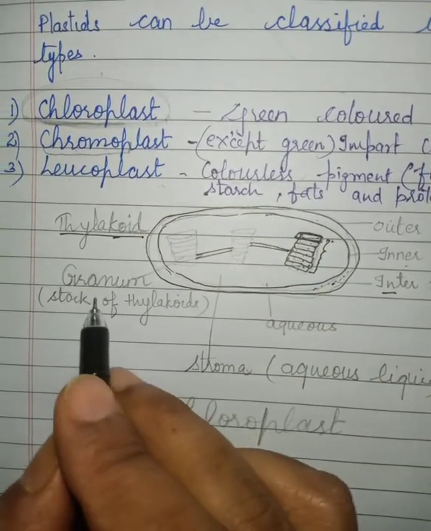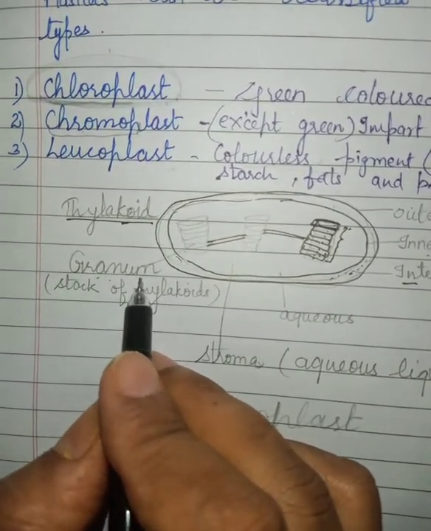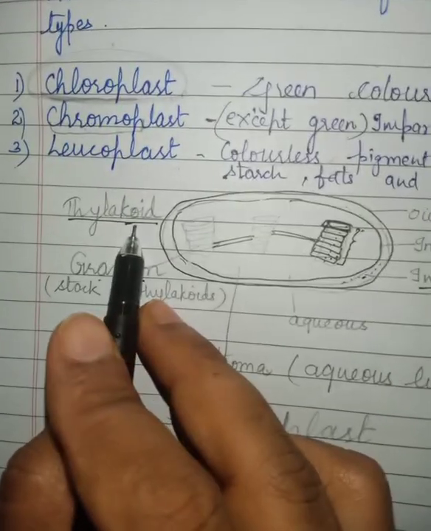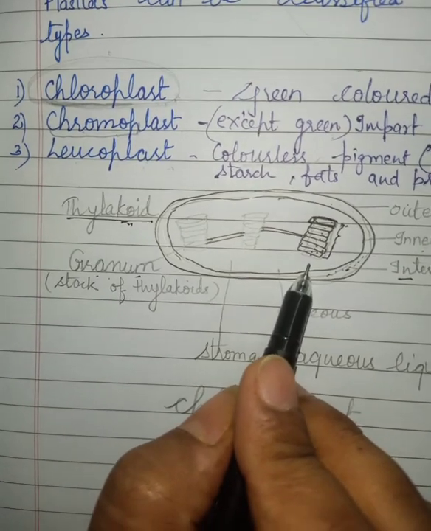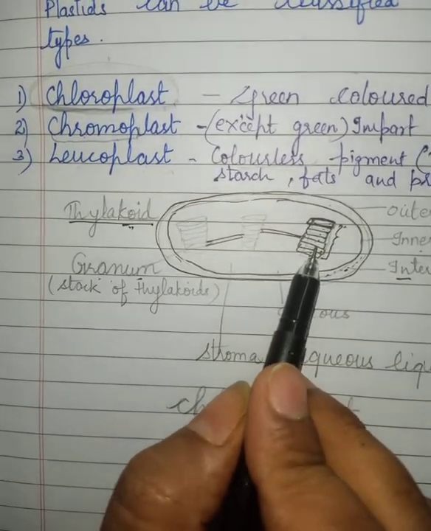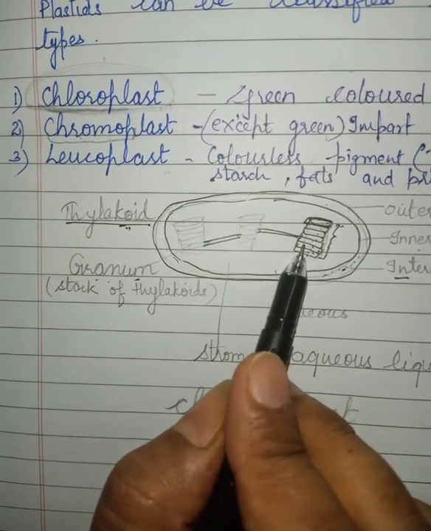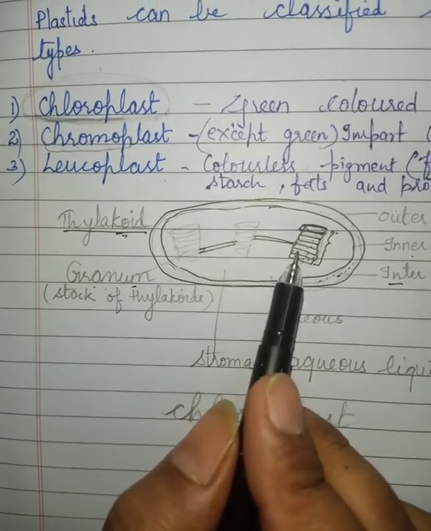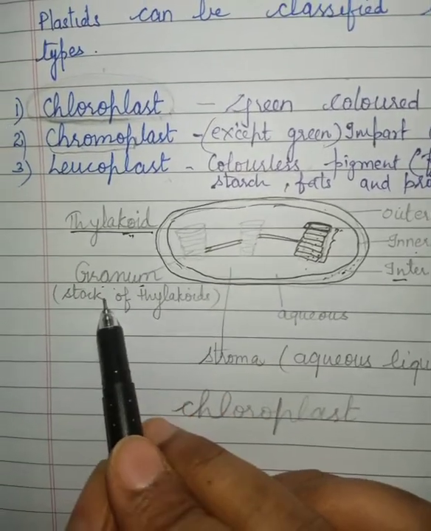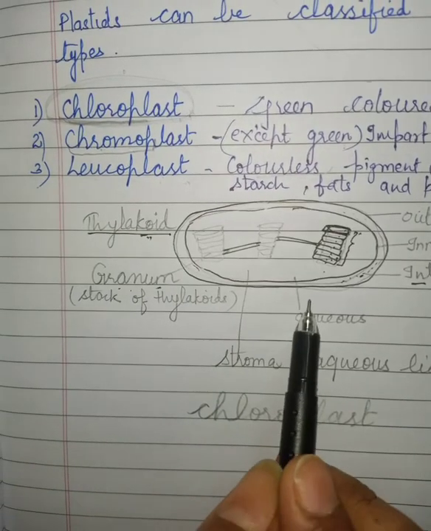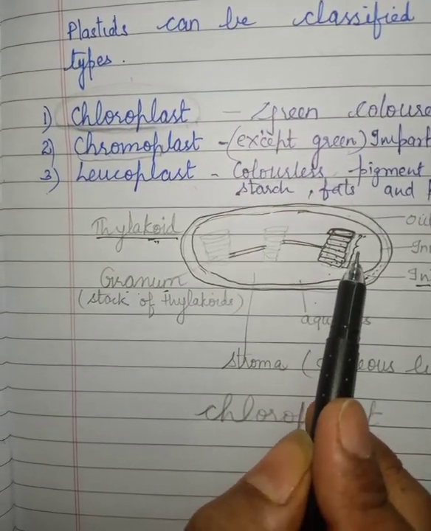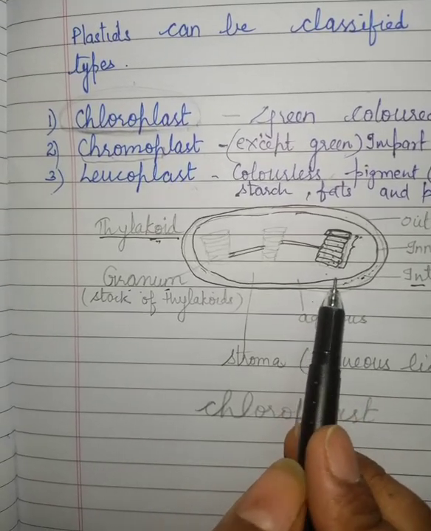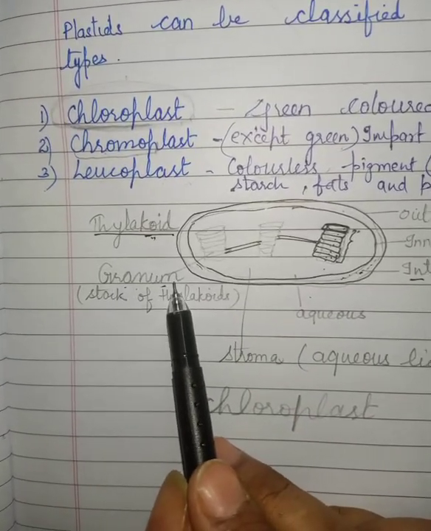At that time they form a granum. What is a thylakoid? A thylakoid is a single part of the granum. And what is a granum? A granum is when many thylakoids pile up one over another. When they stack together, they form a granum.